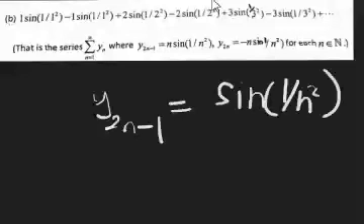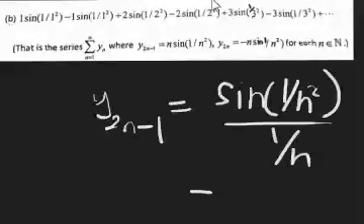So let's consider this term here, y sub 2n minus 1, so I rearrange that: sine of 1 over n squared divided by 1 over n, right?